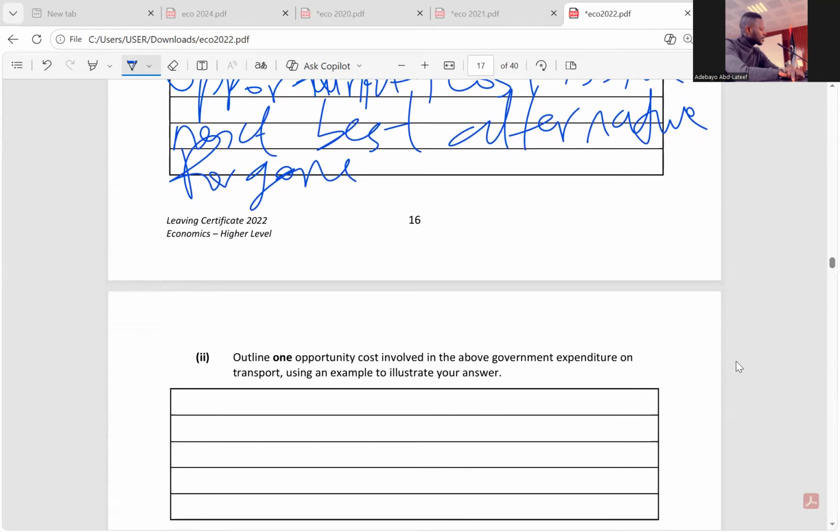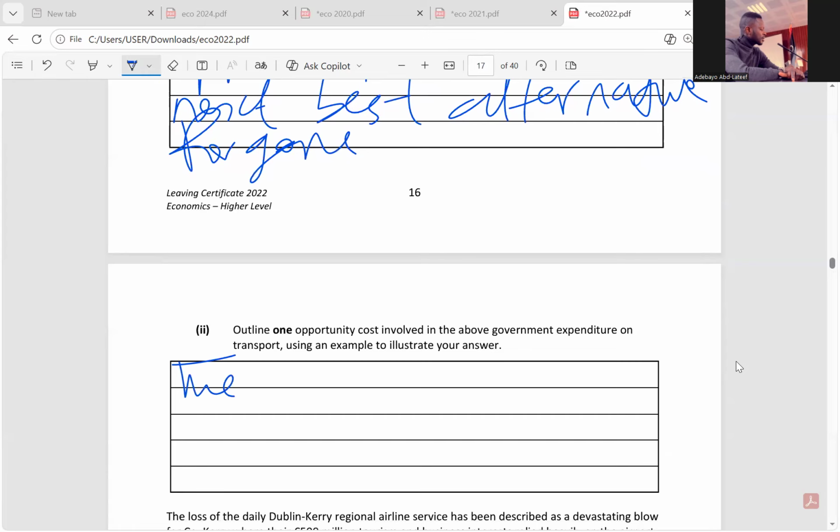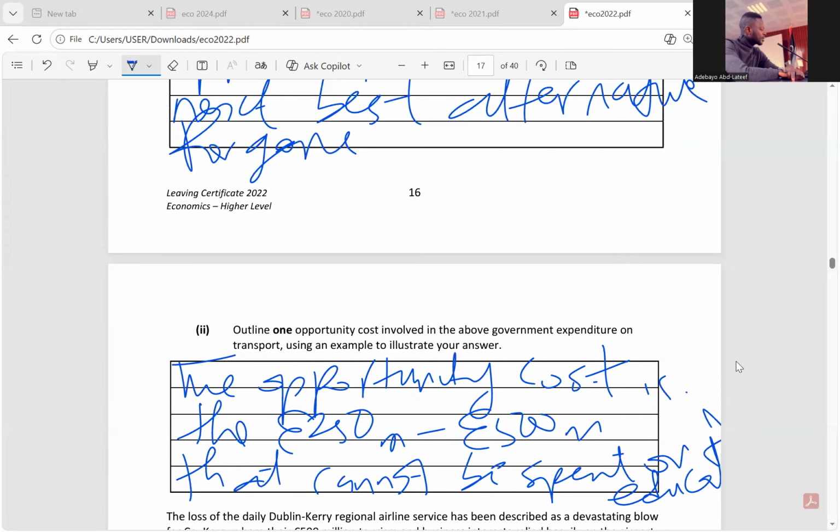Now they said outline one opportunity cost involved in the above government expenditure. So the opportunity cost here is the 250 million to 500 million that cannot be spent on education because government is spending it on airports.